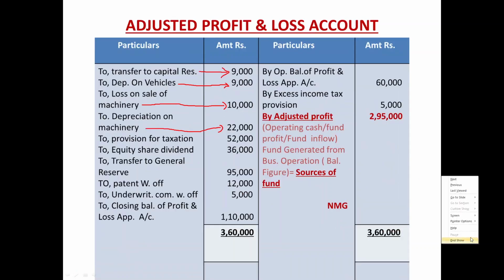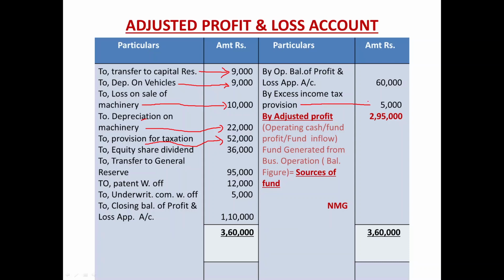Now adjusted profit and loss account, as I explained you, current year's provision for tax 52,000 on the left hand side on the plus side, while on the minus side excess income tax provision 5,000. So this was for income tax provision, point number 4 of the question.